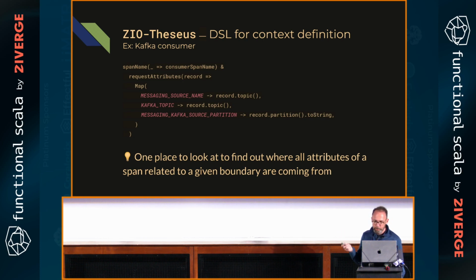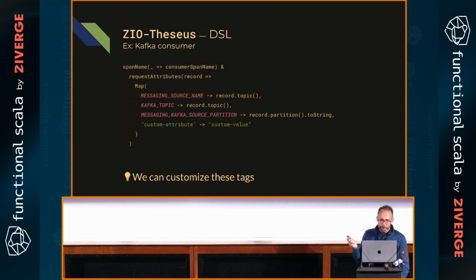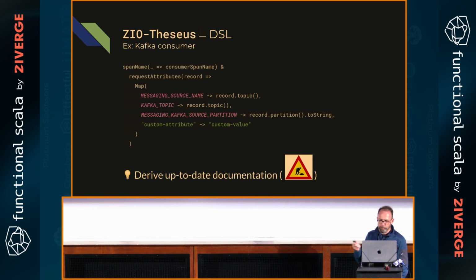And these are all dictated by those semantic convention fields. So we have one place to look at to see which attributes I am exactly sending. This is easy to customize because you just have to enrich this map. What you're doing here is creating a data structure. So if you traverse this data structure properly, you can build even up-to-date documentation. So you always have aligned documentation about what you're really sending over.